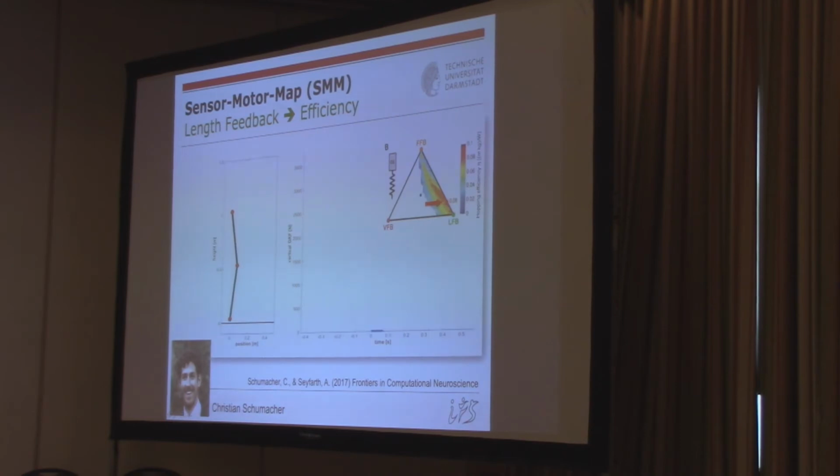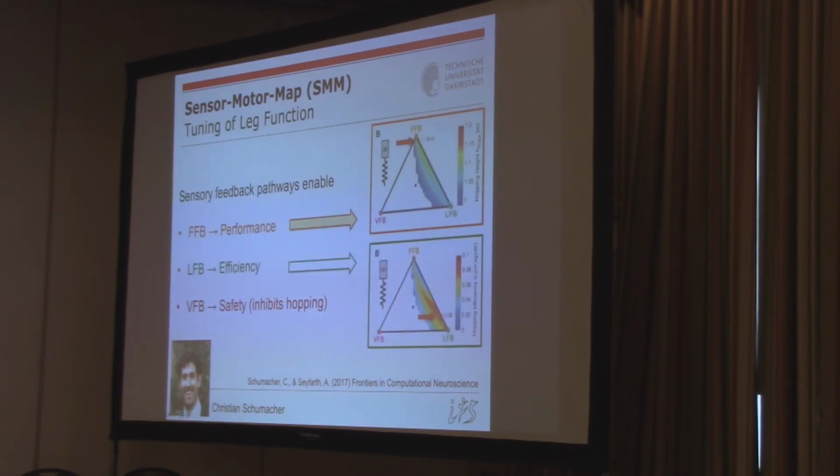And if you look at the same thing, but looking at the efficiency, the optimal solution will be here, close to length feedback. To summarize, force feedback gives you a handle on performance, length feedback on efficiency, and velocity feedback is unstable, meaning that it stops after several hops. It could inhibit hopping.